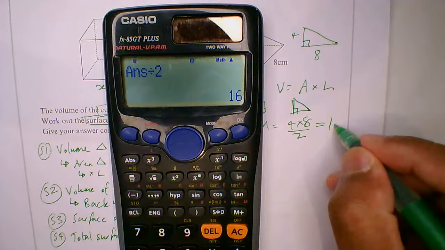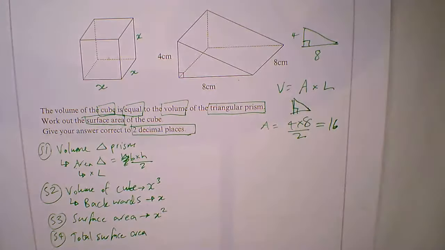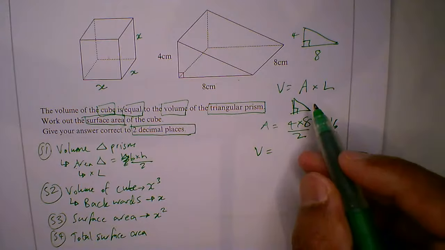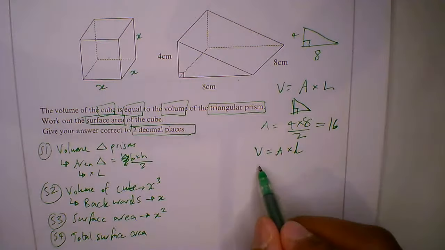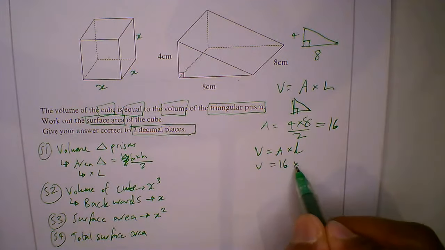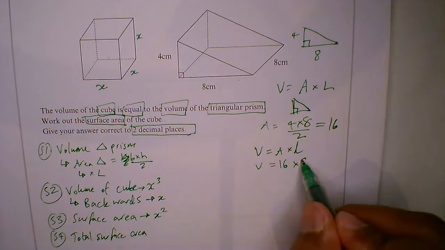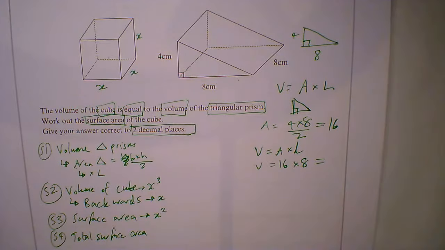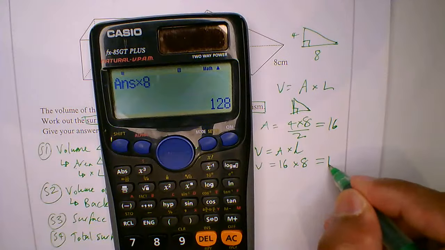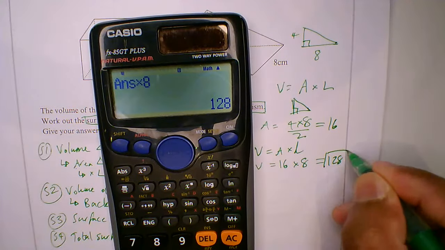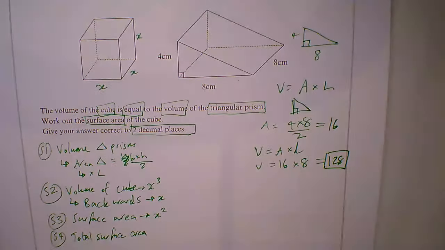It is 16. So then my volume becomes area times by my length, which is 16 times by 8. So my volume is 16 times by 8 gives me 128. So that's my step 1 done.